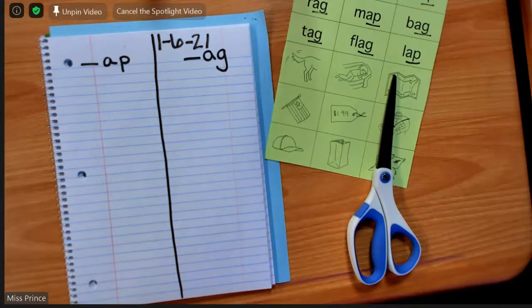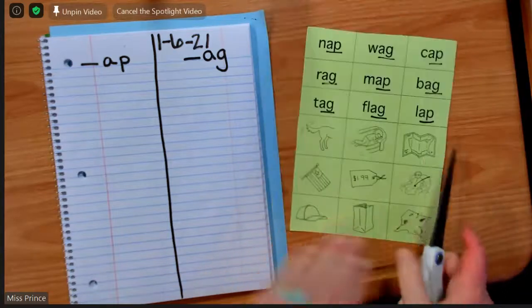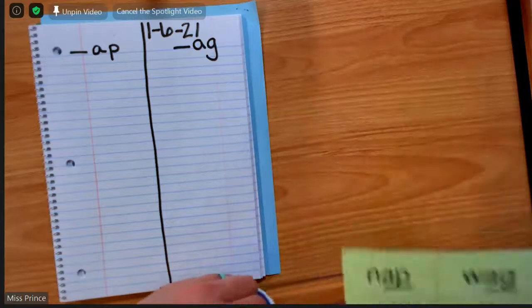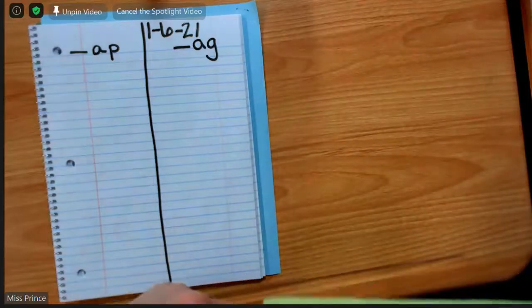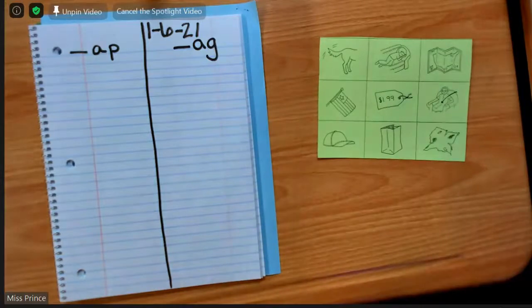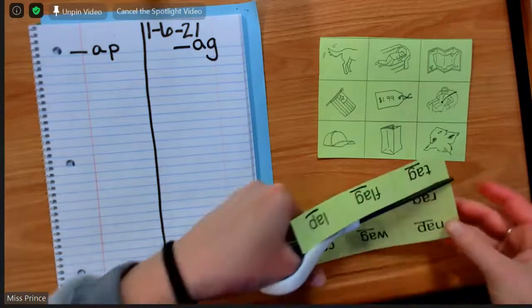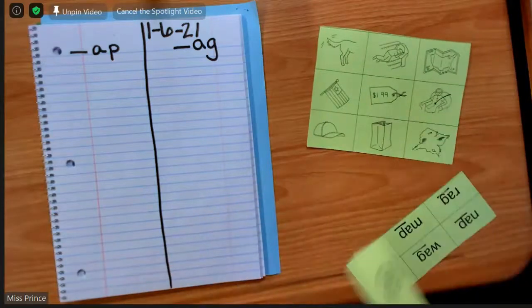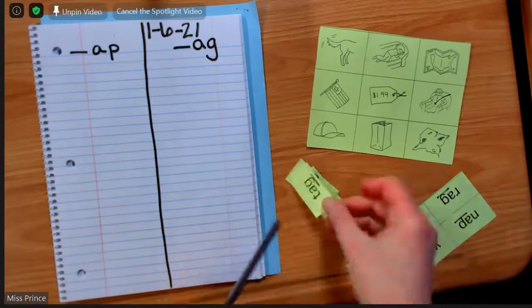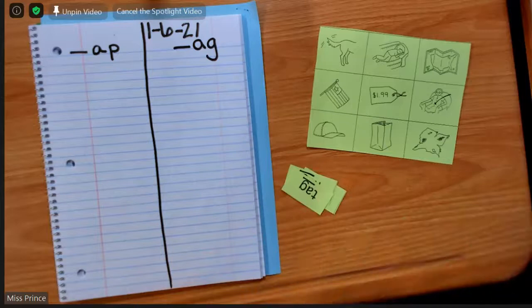Okay, you guys are still cutting yours out, so keep working hard. I'm going to start making my piles. And then when you are ready, make sure you put that raise hand button up. So if your hand is raised right now and you're not done, go ahead and put it down until you are all ready. Great job.